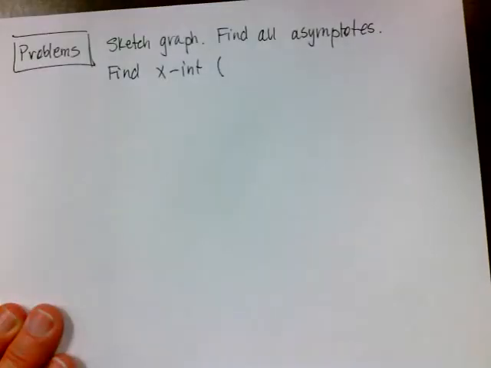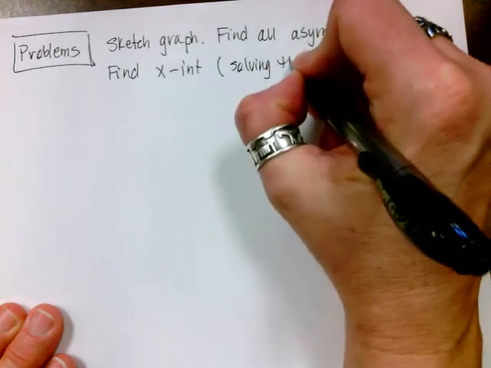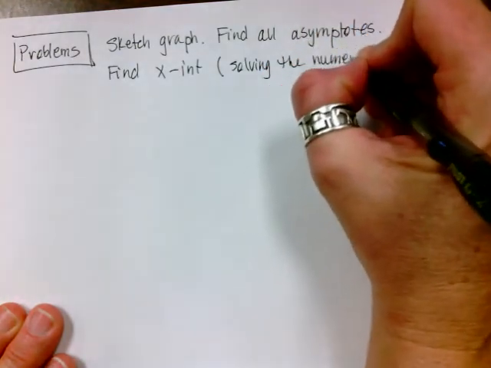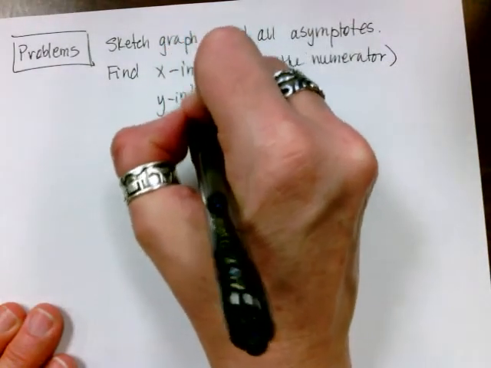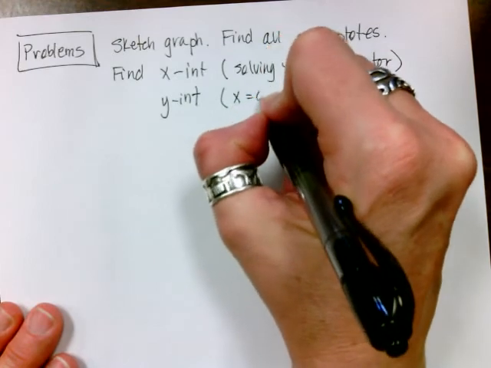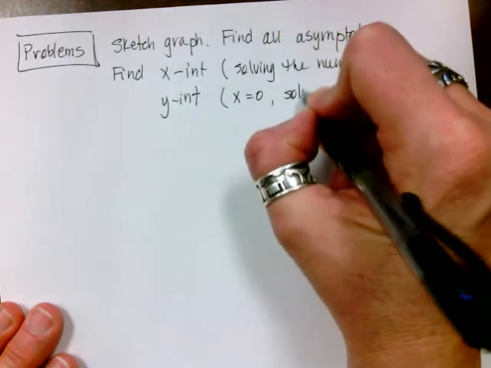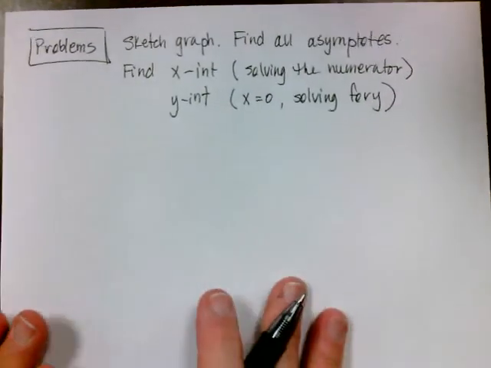So remember, that's going to come from solving the numerator. All right, and then you need to find your y-intercept, if there are any. There's not always one, and that comes from letting x equal 0 and solving for y. So those usually turn out to be pretty simple calculations.